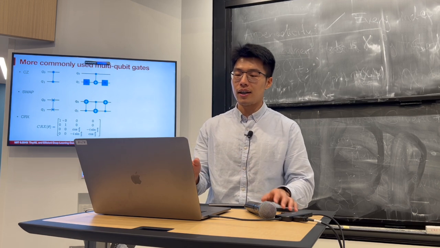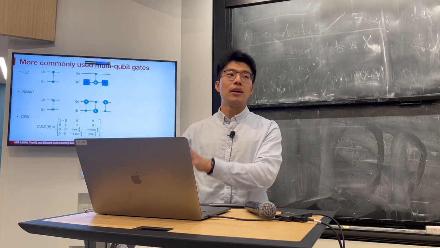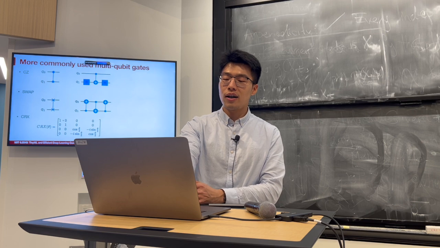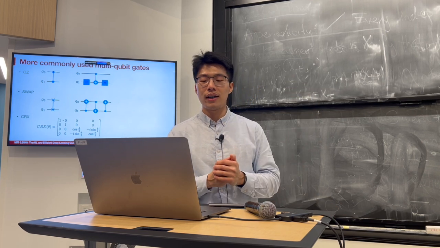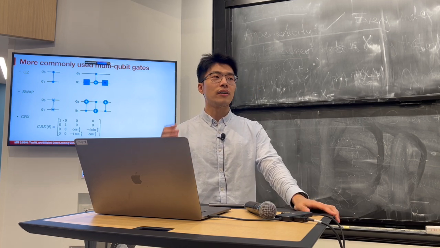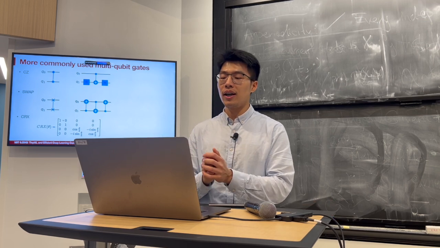Besides swap gates, we also have the controlled rotation X gate and many other two-qubit gates. The controlled RX, or CRX, is in the format at the bottom: if we have the 1 state on the first qubit, we perform a rotation X of an arbitrary angle on the target qubit.